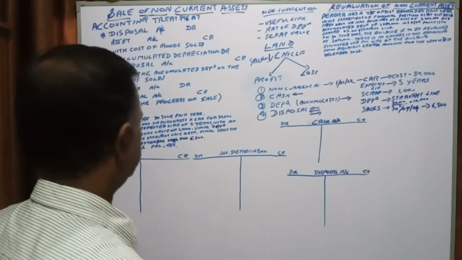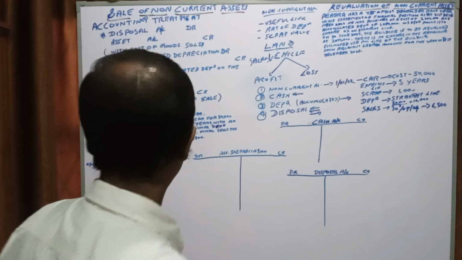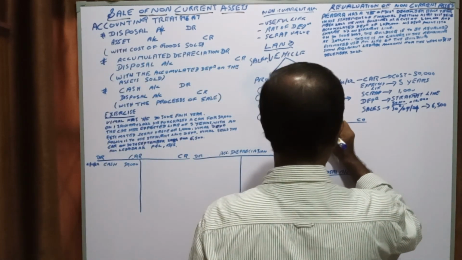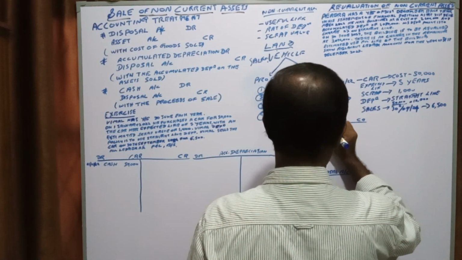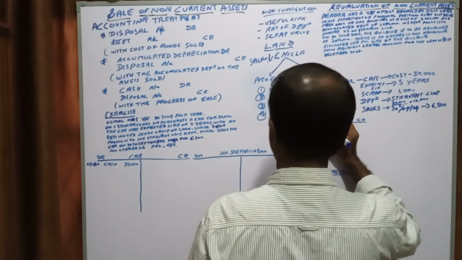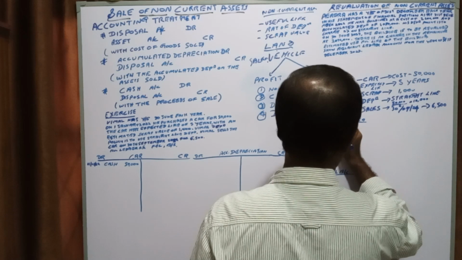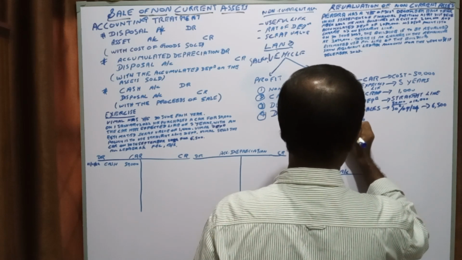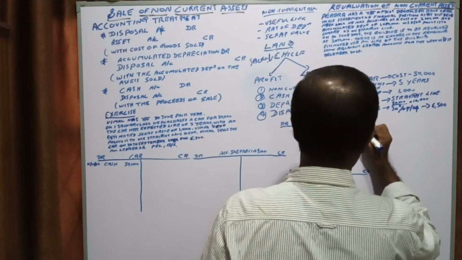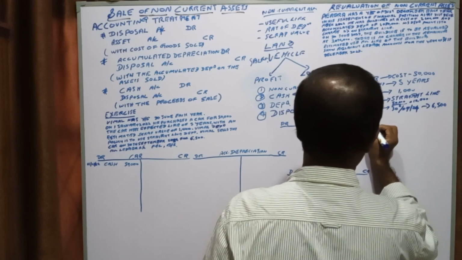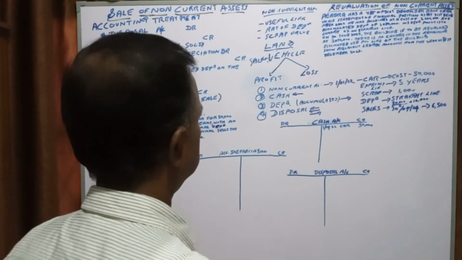Car account debited, cash account credited. On 1st January 2022, car 50,000, credited.